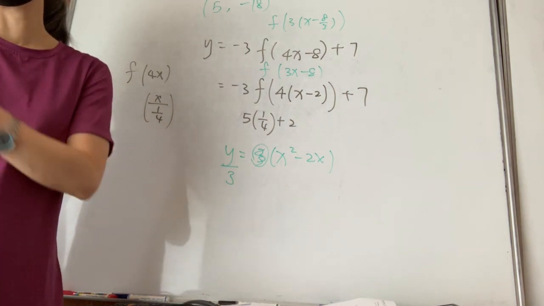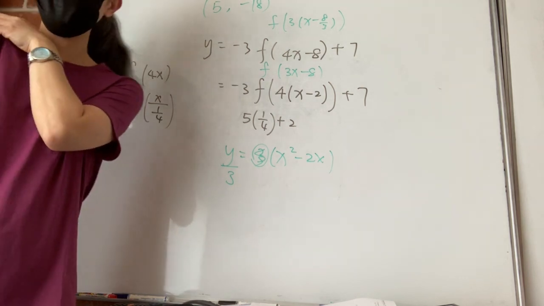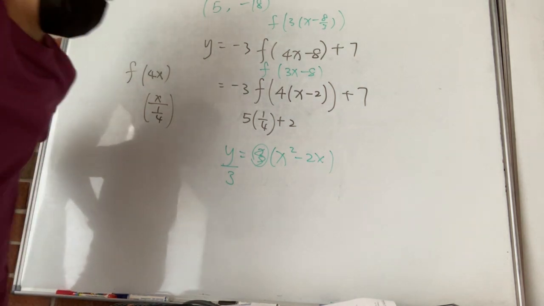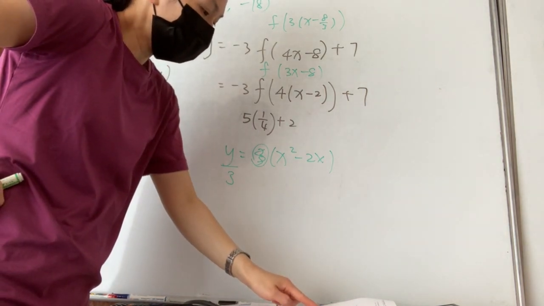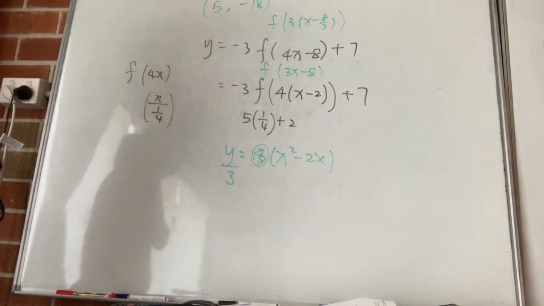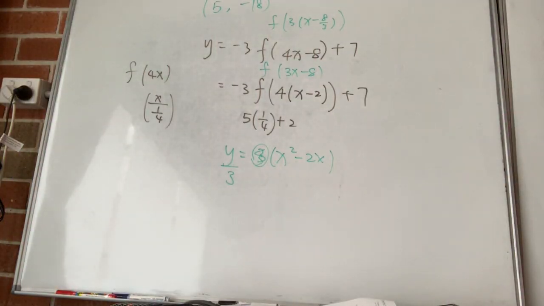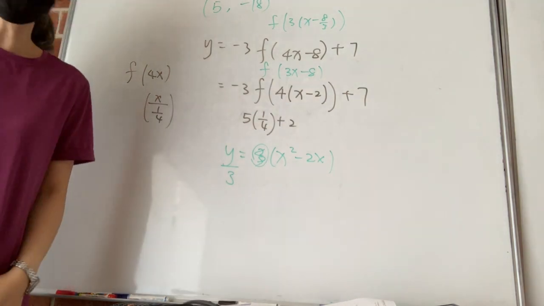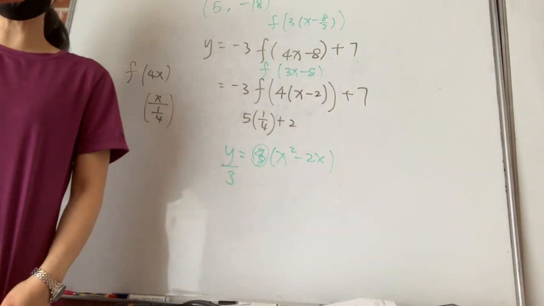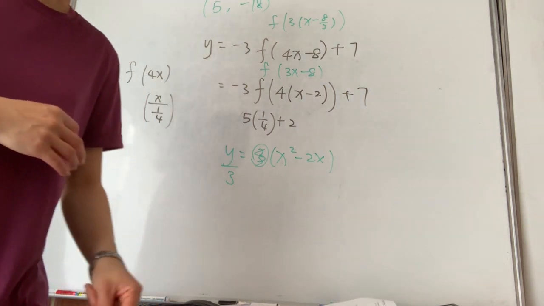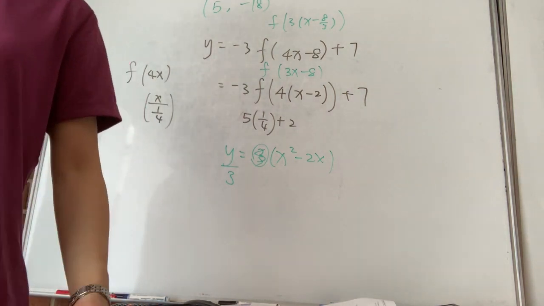Yes, that is what has been done on that equation. For B, a half, yes, on x. Literally means x over half. So that means it is a horizontal dilation factor of a half.